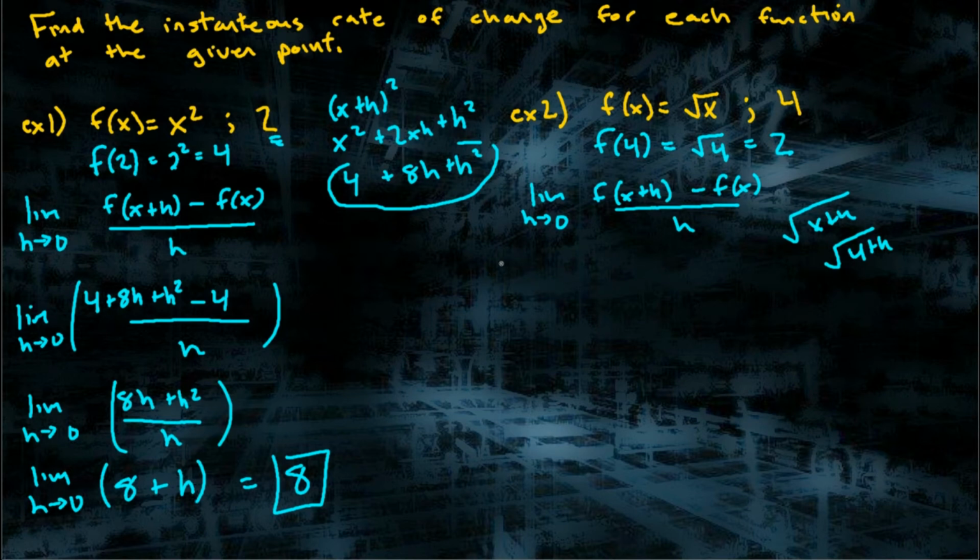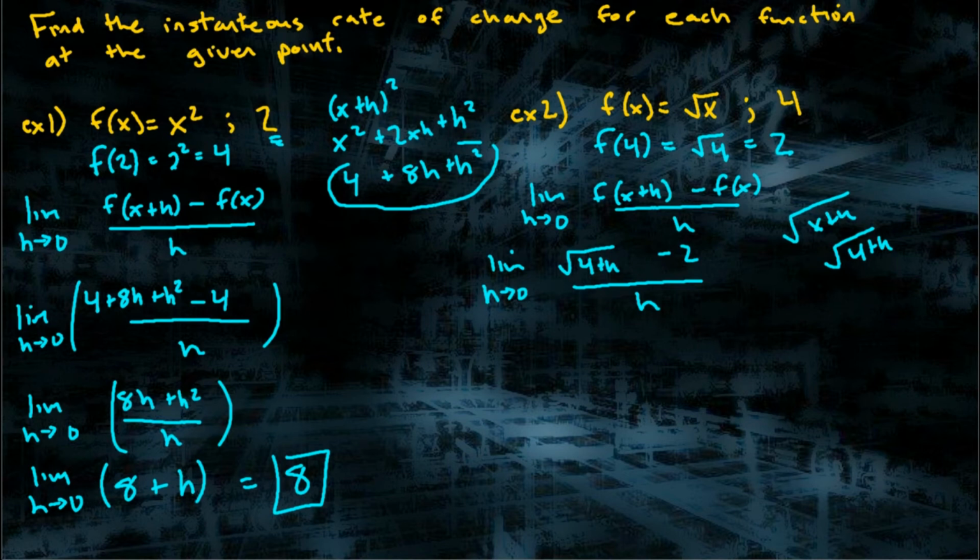So we're going to have the limit as h approaches 0 of square root of 4 plus h minus 2, because f of x, I put in that 4, I got a 2, all over h. Now this one's not going to be as easy to figure out, but I can do it.